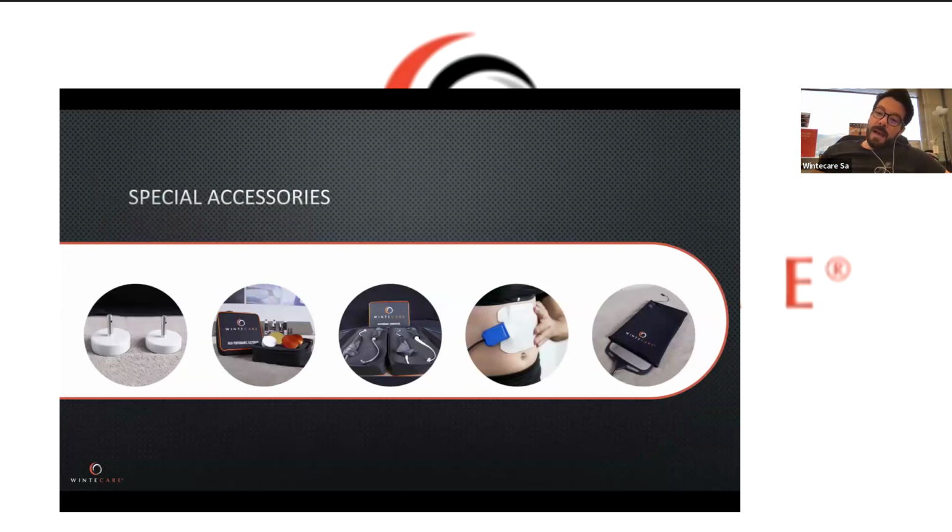Then we have some additional accessories, boosted hypothermal electrode. So an electrode that is able to transfer more energy without increasing the temperature. Comparison between the two: 40 volt ampere without temperature with the normal capacitive hypothermal, 80 volt ampere with no thermal increase with the boosted one.